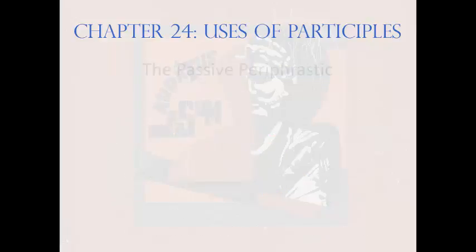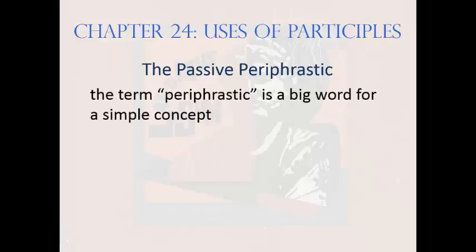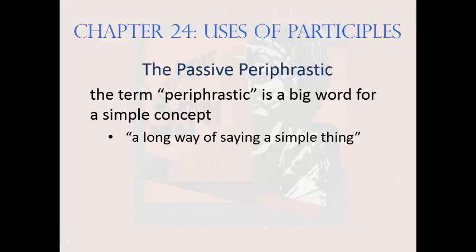The second participle-based construction introduced in this chapter is the passive periphrastic. We've already encountered the term periphrastic, meaning something that's a long way of saying a simple thing, when we talked about the future active periphrastic, "I am going to do something," or "about to do something," a circuitous trek around the simpler expression, "I will do it."